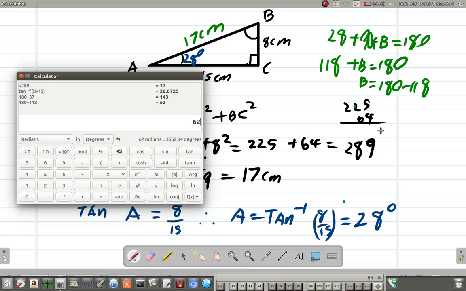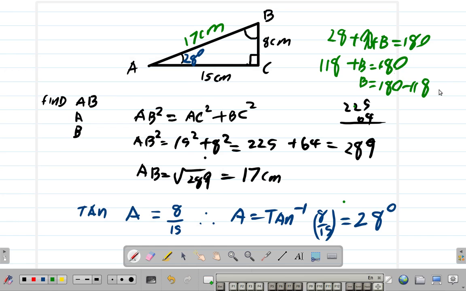That's 62. Alright, 62 degrees. So this up here is 62 degrees. Alright. So that's it for that part.